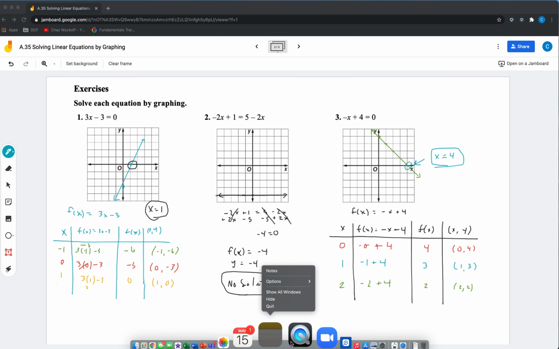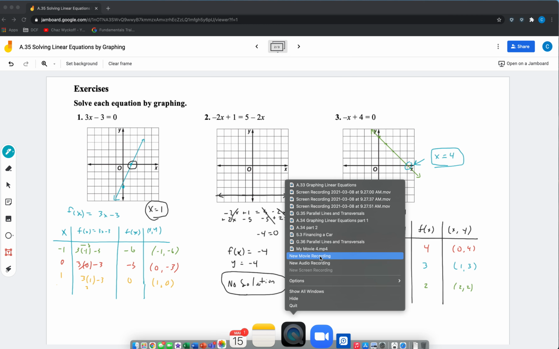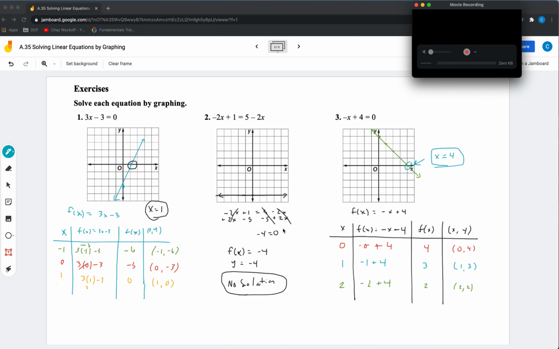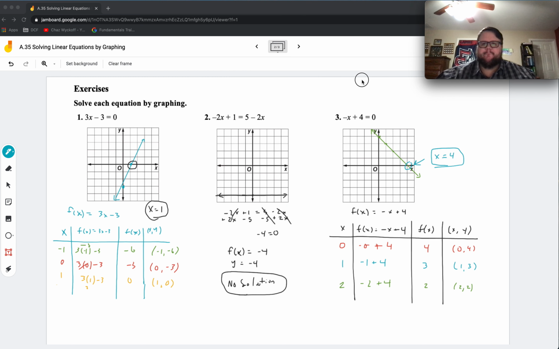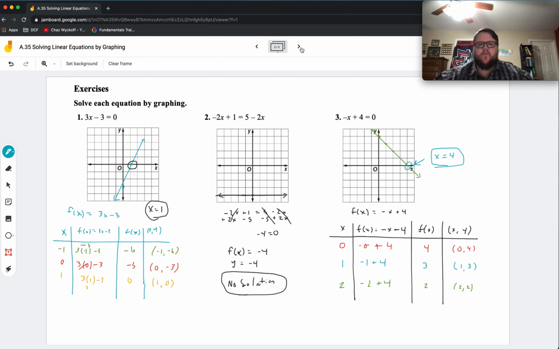So x equals 4. I'm back. So x equals 4. That was my solution. So there we have it. Number 1 was x equals 1. Number 2 is no solution. Number 3 is x equals 4.